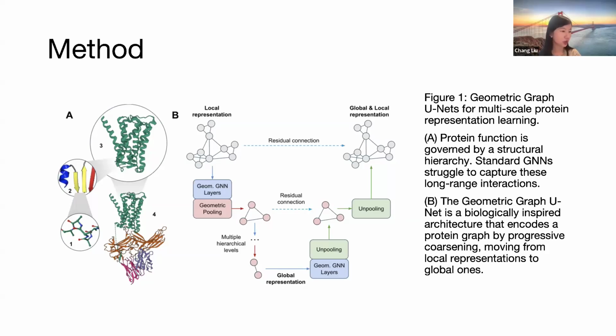Standard GNNs struggle to capture these long-range interactions because of their limited local receptive field. Our proposed geometric graph UNet is a biologically inspired architecture that encodes a protein graph by progressive coarsening, moving from local representations to global ones, which would enhance the capability of the model to capture long-range features and information from the protein structure.